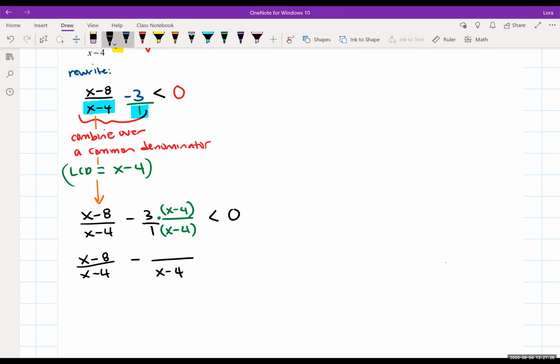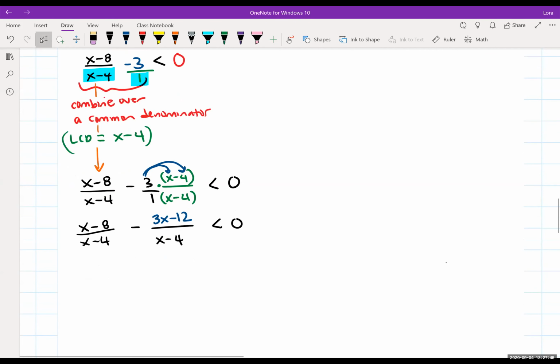But keep in mind that you're distributing the 3 to both the x and the 4. And if that is the case, we should have 3x minus 12 in our new numerator, still compared to 0. And at this stage, we double check: we now have the same denominator.